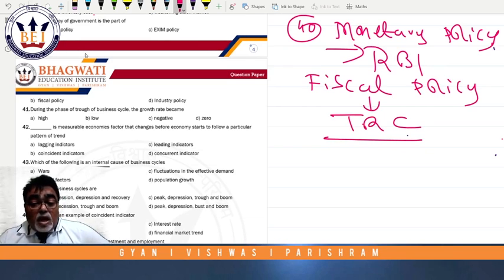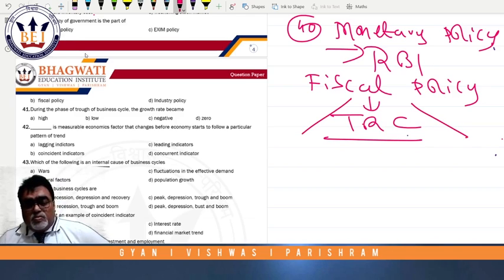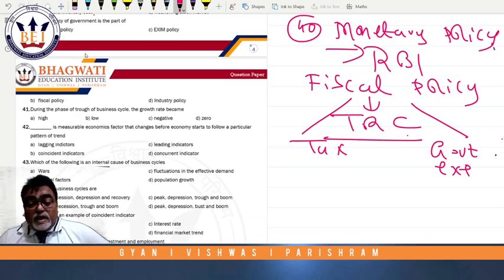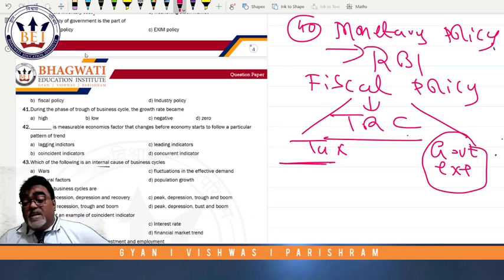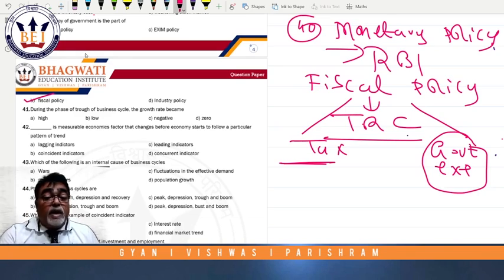RBI has different tools, called monetary tools or money tools. Fiscal policy again has two types of tools, mostly two. One is taxation, the other is government expenditure. Taxation means contractionary fiscal policy. Government expenditure means expansionary fiscal policy. There are public debt and other things also. So here the taxation, question 40 answer is option D.